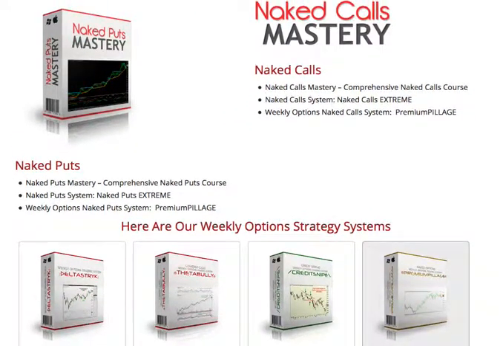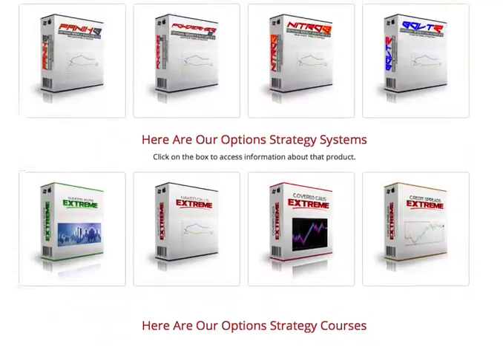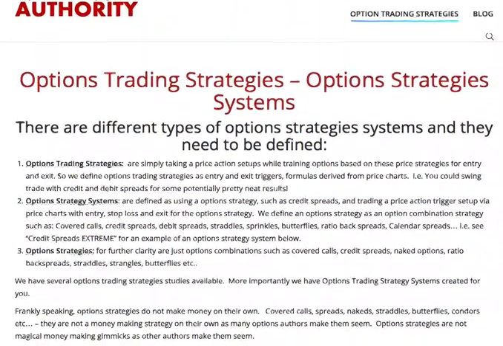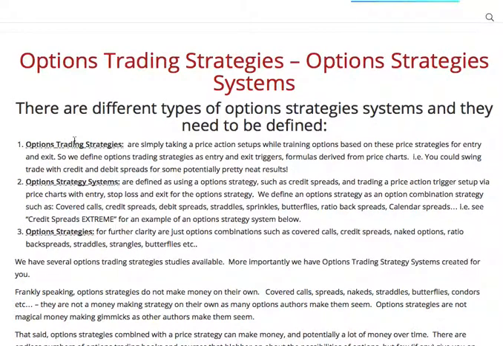Okay, so here's an overview. It's a little bit complex, but I think you'll get it. So let me review everything really quickly. An options trading strategy is a price-based strategy. You can use any type of option. An options strategy system is a combination of a price-based strategy and a particular option strategy all put into one package.